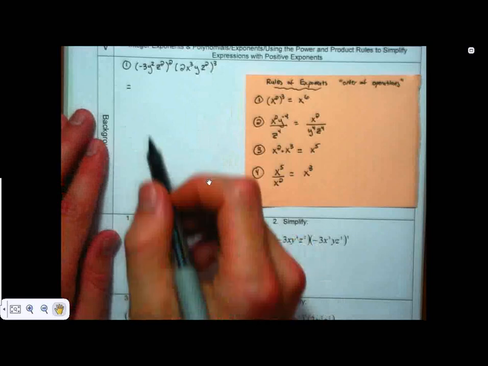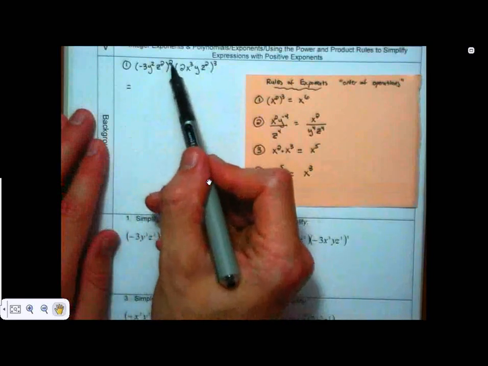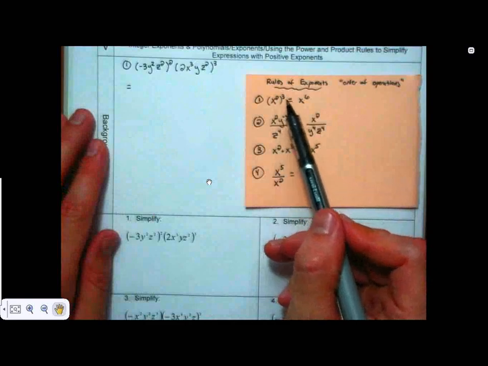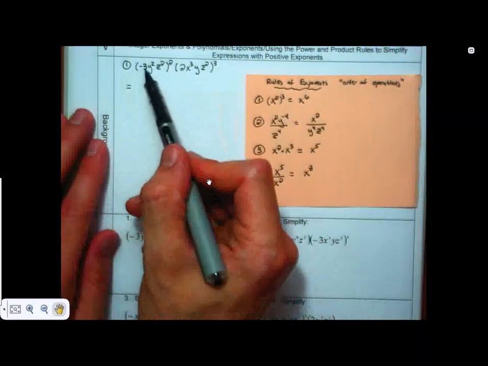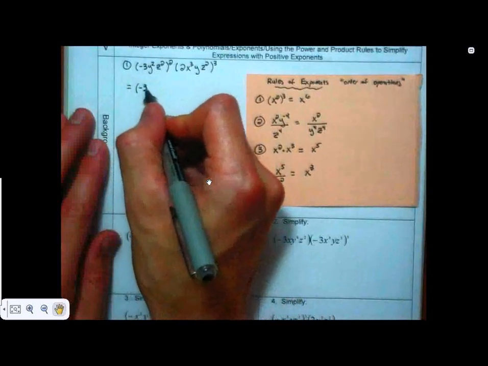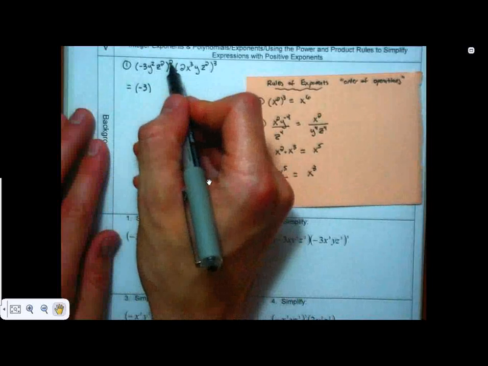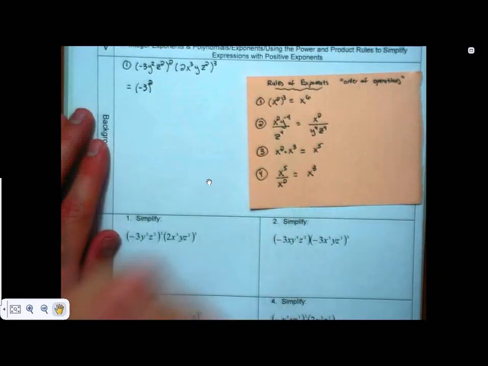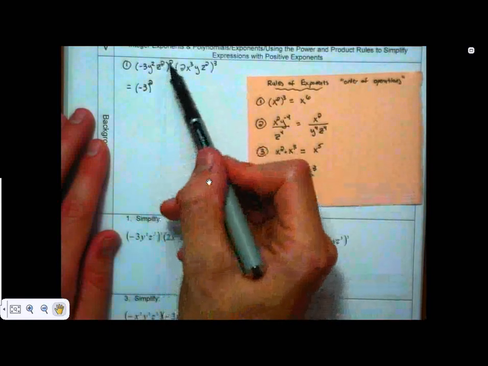And so the way to do that, as rule number 1 says, is we're going to multiply the exponents together. Okay, -3 is a coefficient, so I'm going to leave -3 alone for the moment, and I'm just going to keep whatever exponent is on the outside along with that -3. I'm going to take care of that later. Okay, everything else I'm going to multiply the exponent.